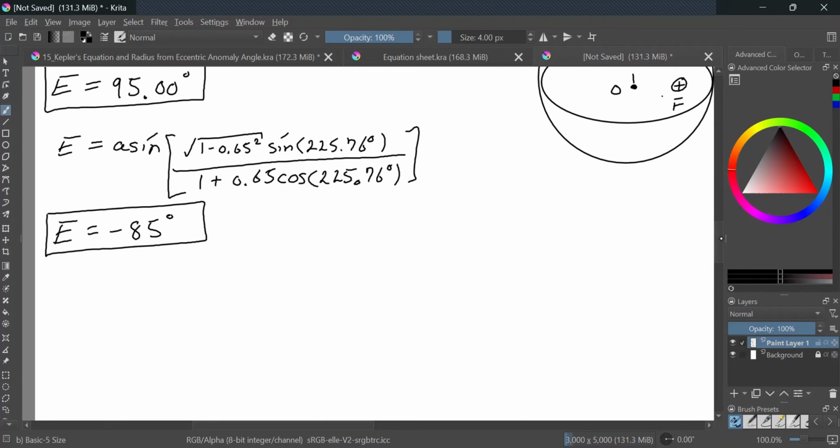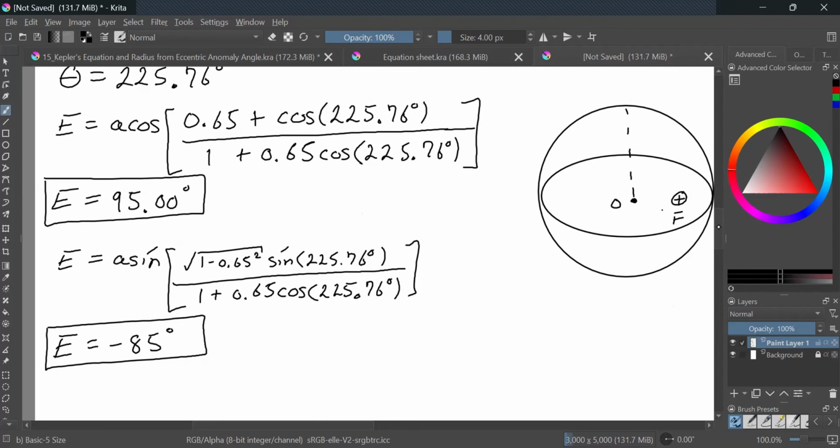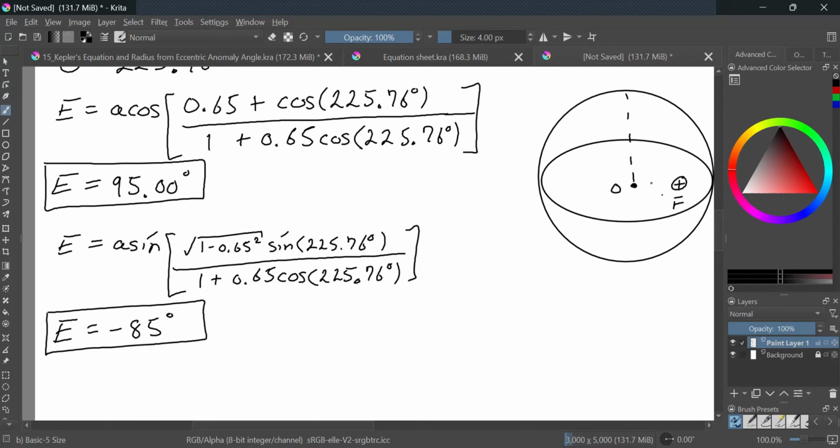Okay, so that tells me that we're not looking at 95 here. We're looking more so at minus 95 degrees here, which puts us in the third quadrant.